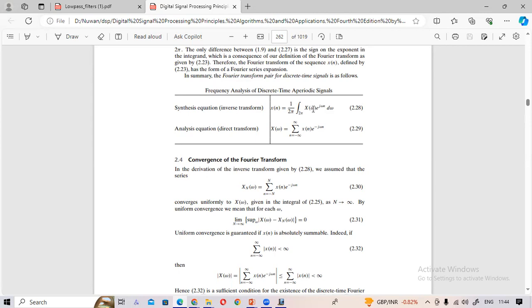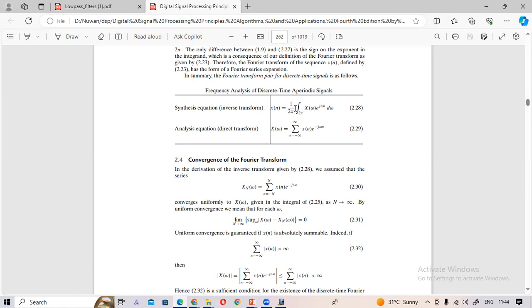So normalized ω is between -π and +π. That is why it is mentioned as 2π. So this is the identity for the discrete time inverse Fourier transform.